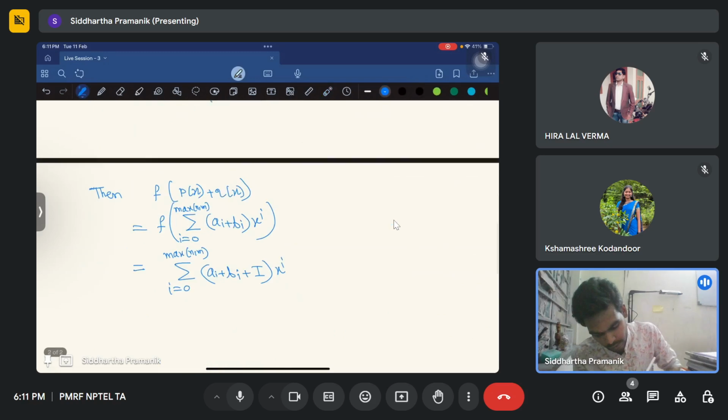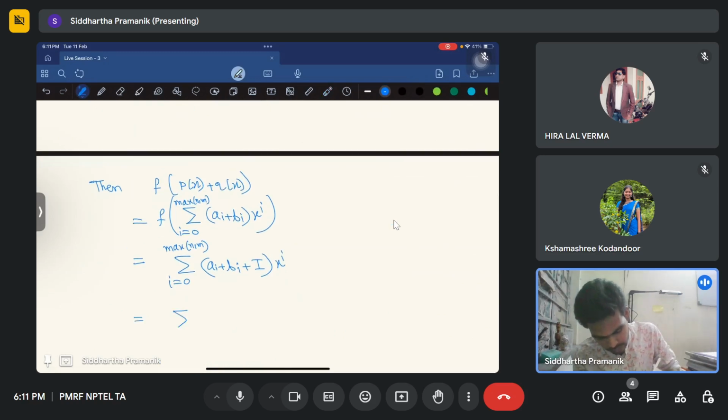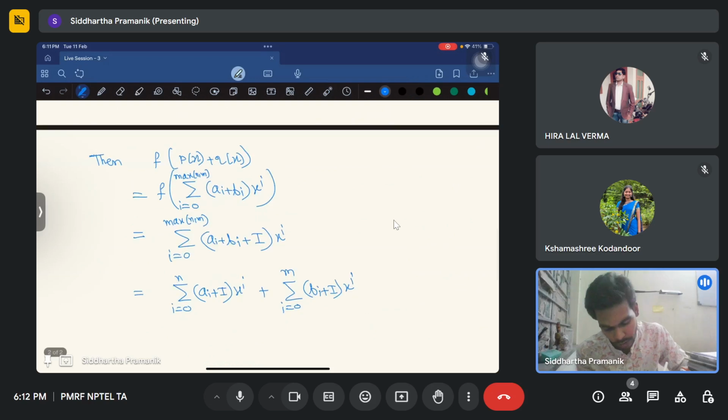So we can separate it like this: summation of (a_i plus I) times x^i, where i equals 0 to n, and summation of (b_i plus I) times x^i, i equals 0 to n. So we are doing the addition in the ring (R mod I)[x].